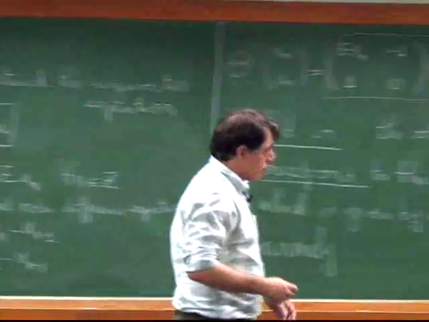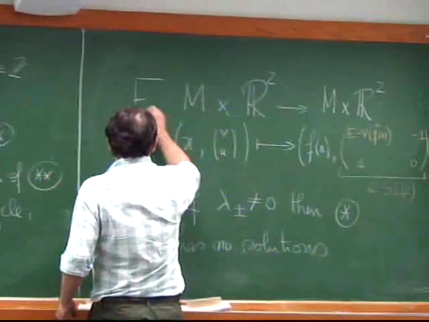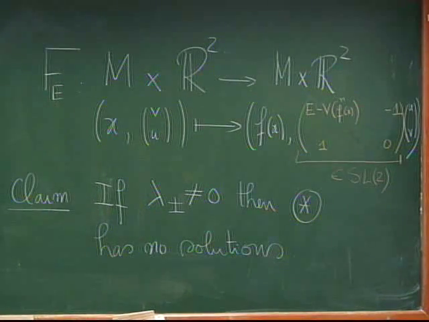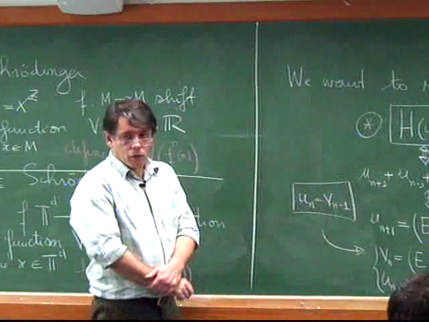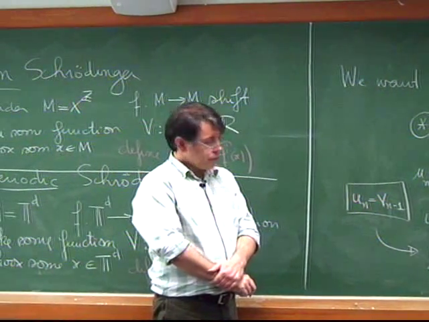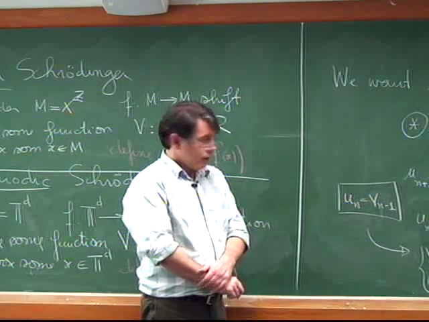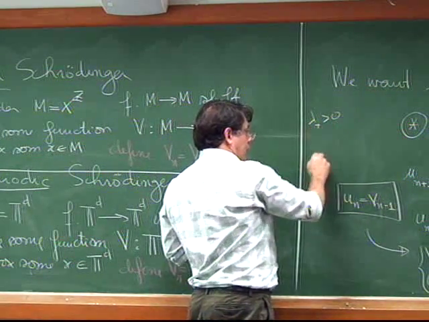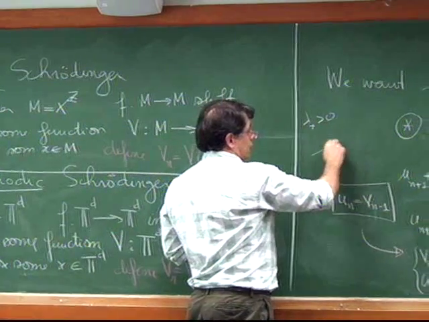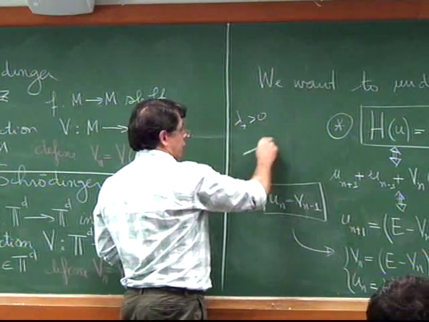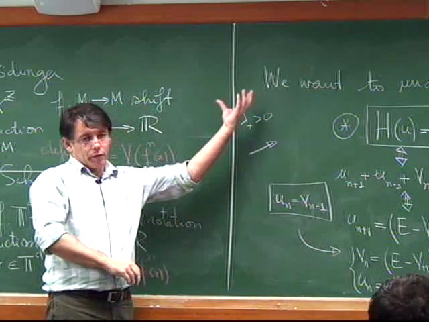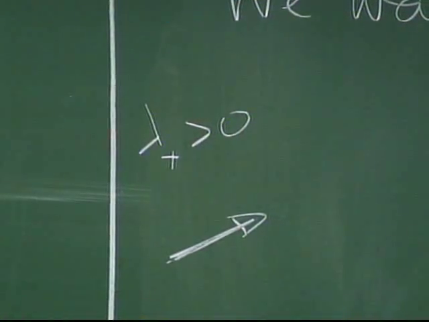Let's keep in mind that there is a parameter here, which is the energy. Okay, so this depends on which energy we are looking at. Now, why is it so? In a few words, it goes like this. If lambda plus is positive, then some vector, some direction has to grow because the norm is growing exponentially fast.